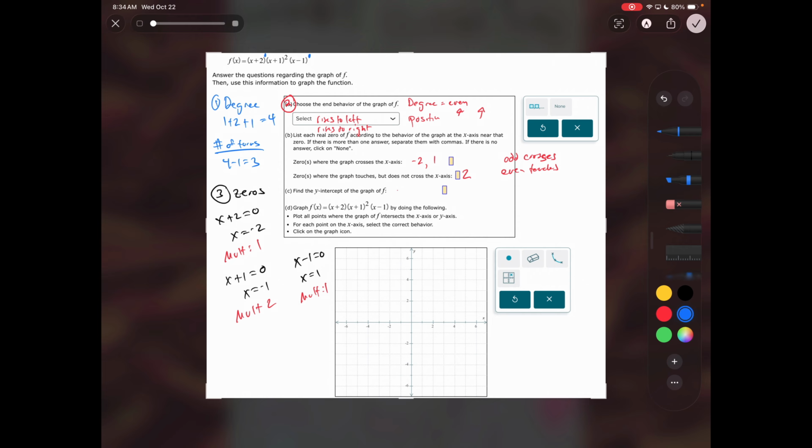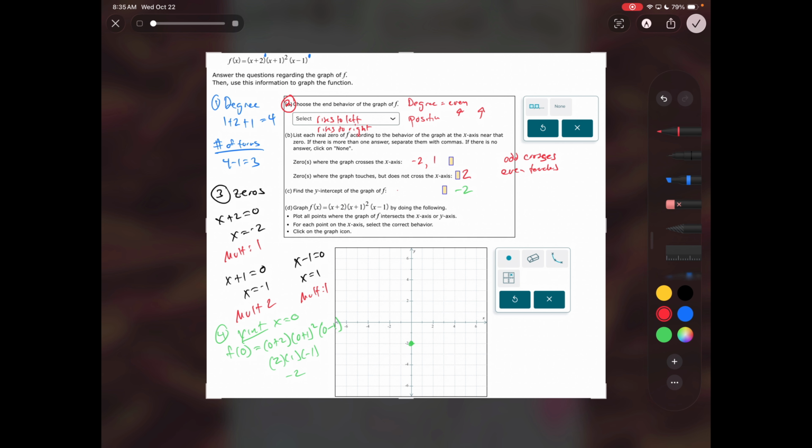And then my last step here would be the y-intercept. So that is where you make x be 0. So what is that? 2 times 1 times negative 1. So that would be negative 2. All right, so graph my y-intercept.